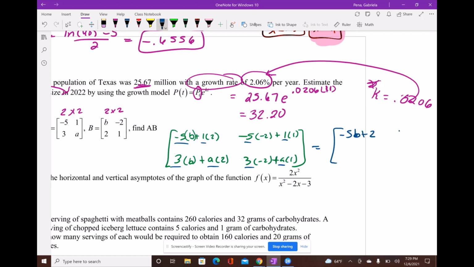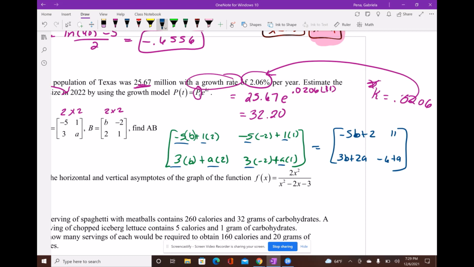This becomes 10 plus 1, which is 11. This becomes 3B plus 2A. And this becomes -6 plus A. I don't like that. Is that what it is on the test? I haven't seen the test to be honest. But if they put it like that on the review, I'm sure that's the way it is.